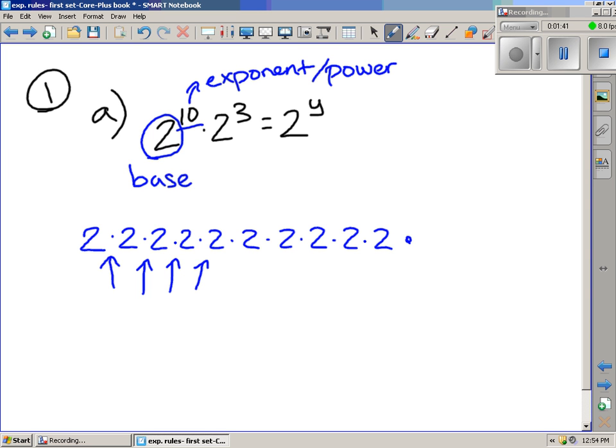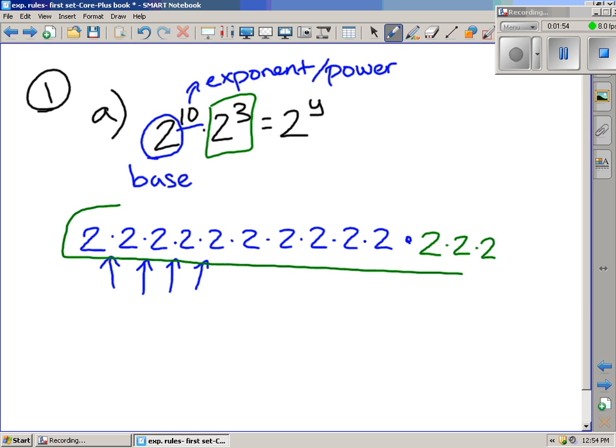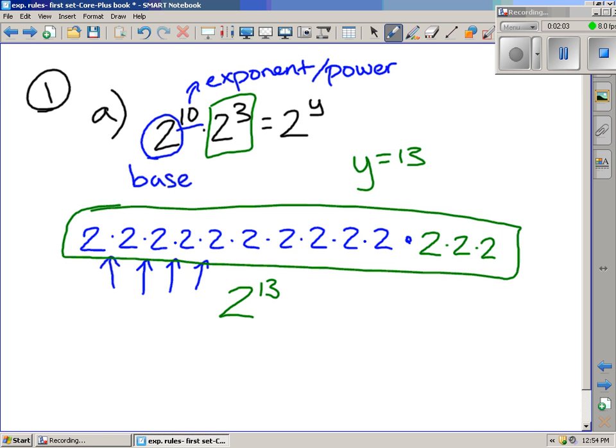Now that is being multiplied by 2 to the power of 3. So the base in this case again is 2, and the number of times that we write that base is 3 times. You will see in total that we have the base of 2 written 13 times. So y is equal to 13.